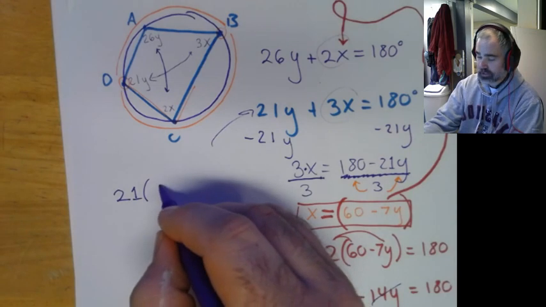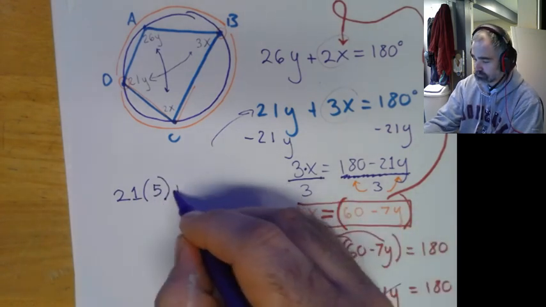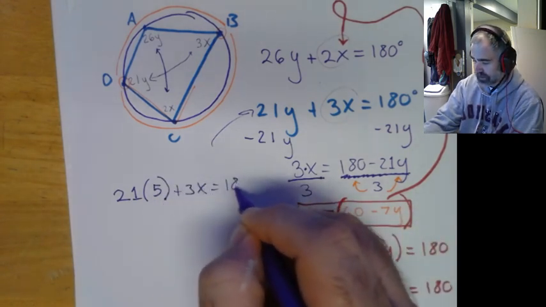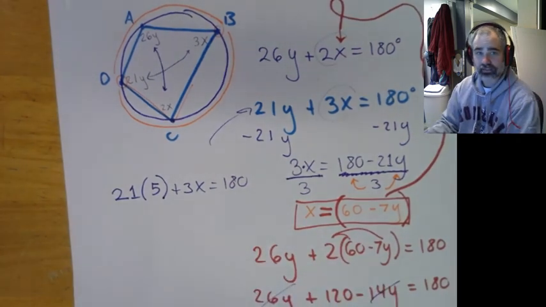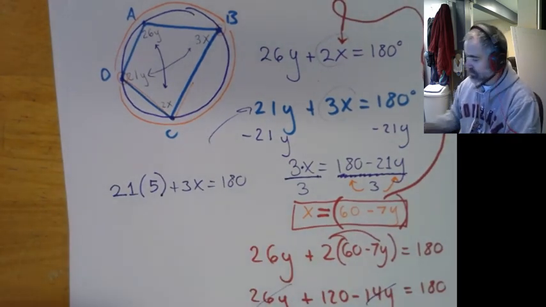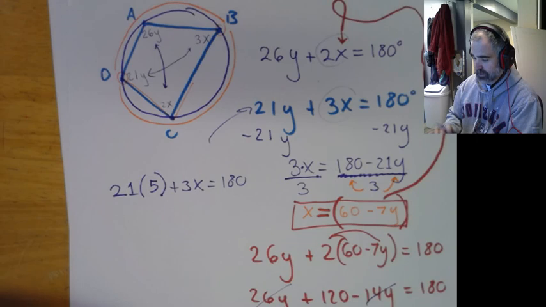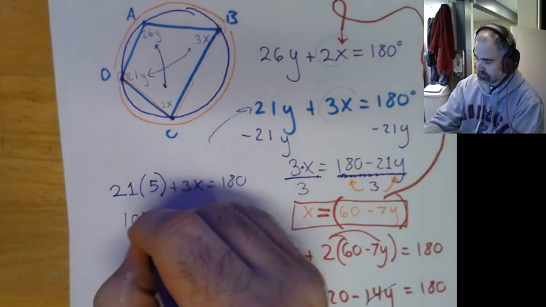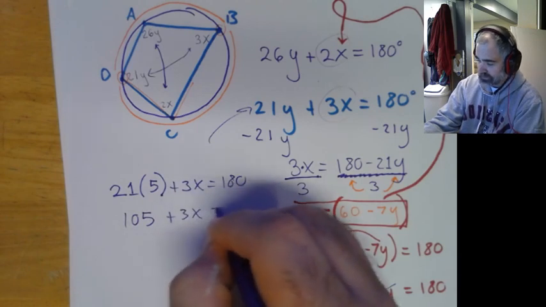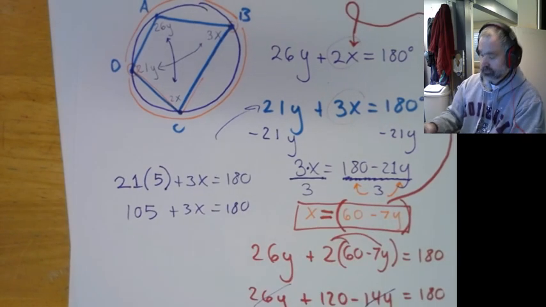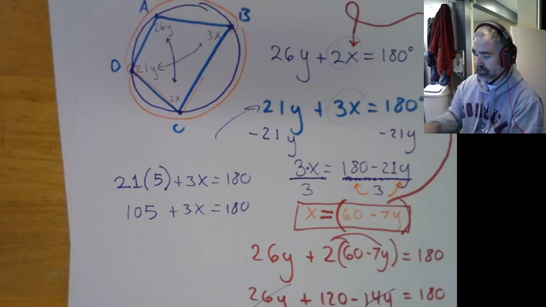So 21 times 5 plus 3x equals 180. And now I can solve for x. 21 times 5, I'm not going to do that in my head. I'm going to use the calculator. 105 plus 3x equals 180. And again, that should be something that everybody can solve.